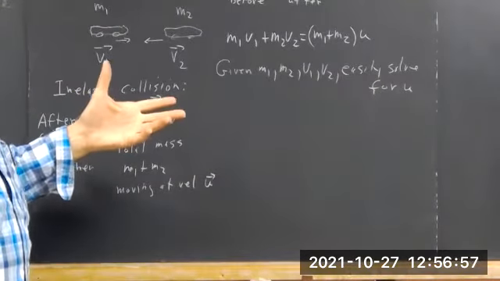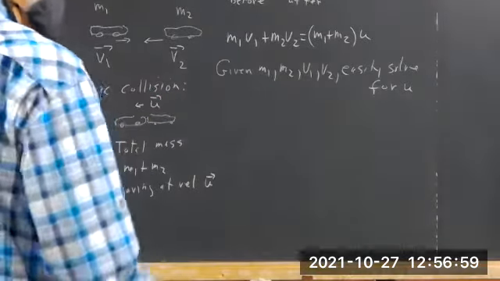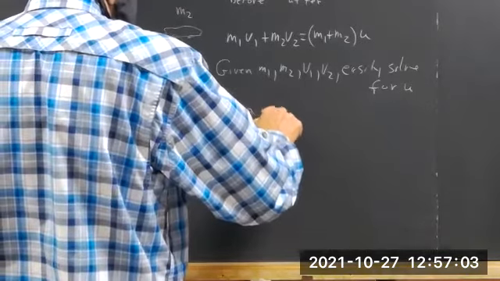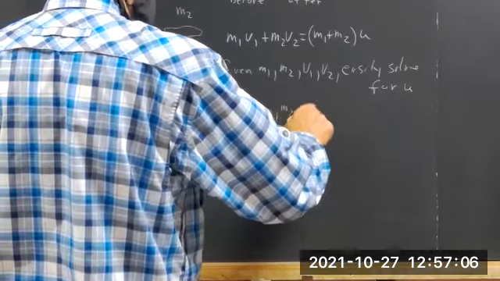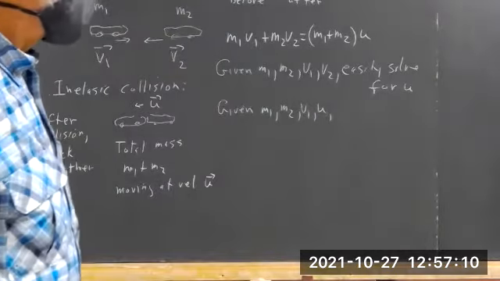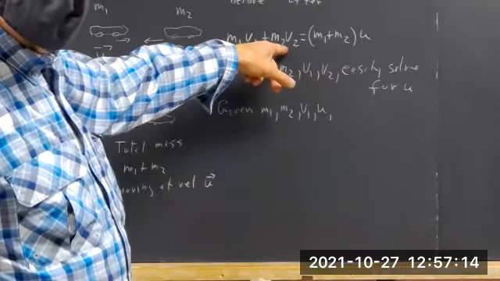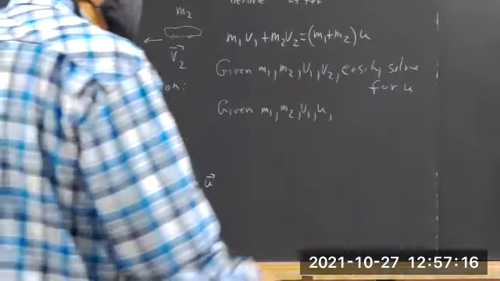Or if we're given M1, M2, V1, and U, the only thing we don't know is V2. We can solve.